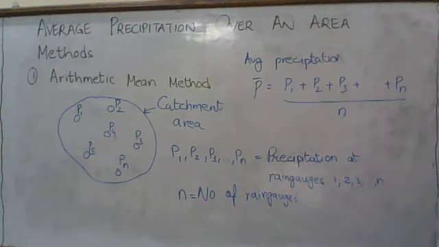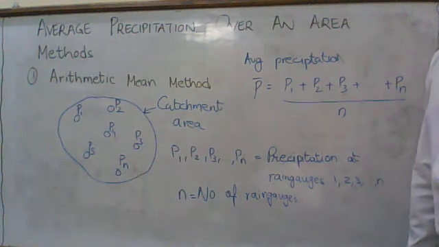So this is the formula for the arithmetic mean method.